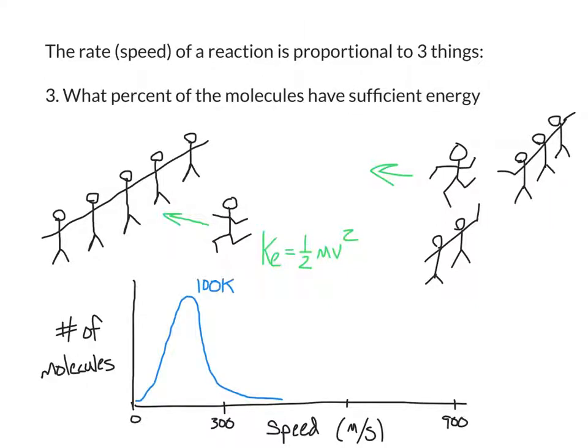Here's a plot showing the number of molecules as a function of their speed, or we could think about that as velocity in units of meters per second. Notice that not all of the molecules have the same speed. There's in fact a distribution of speeds for any collection of gas molecules.